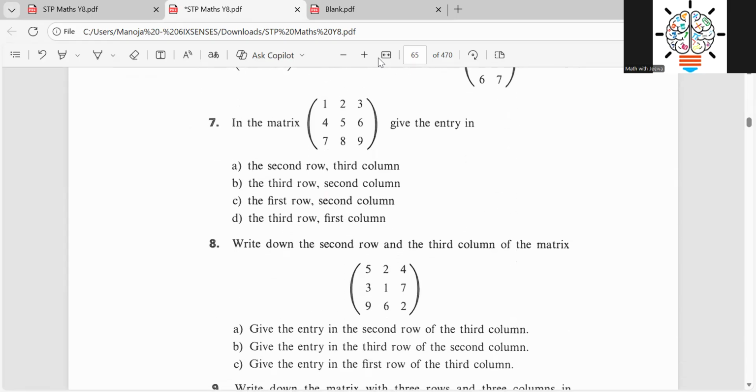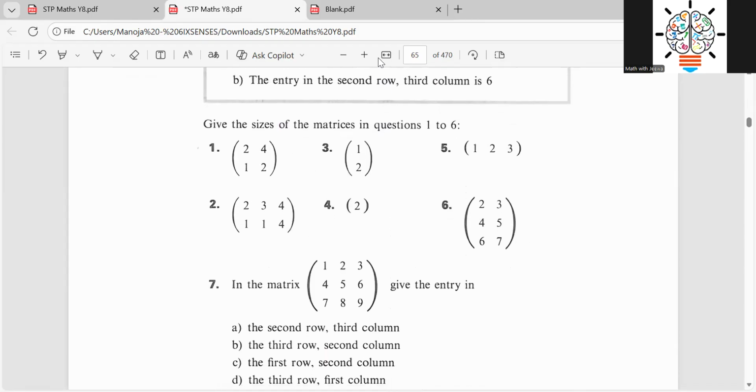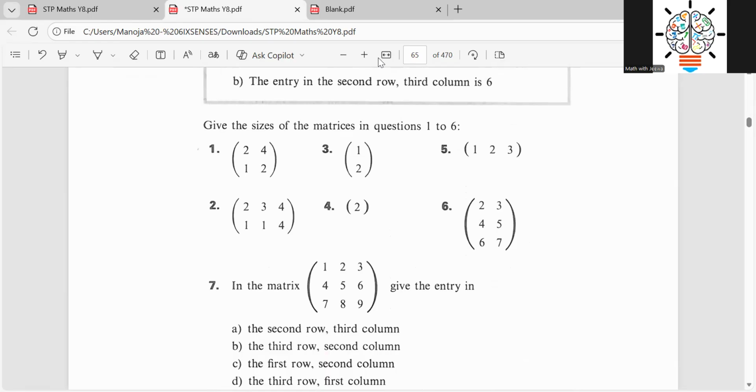In question number 7, children, you are supposed to write the answers, but you can remember the entry in the second row, comma, third column. It is 6. You write the entry in the second row, comma, third column is 6.